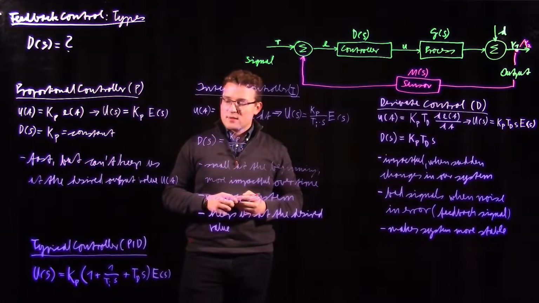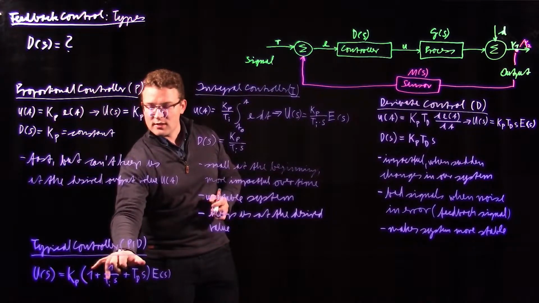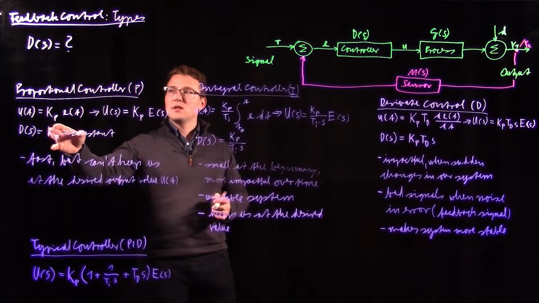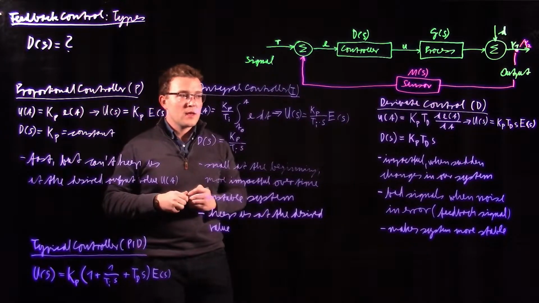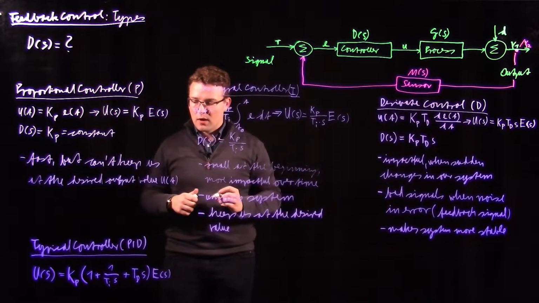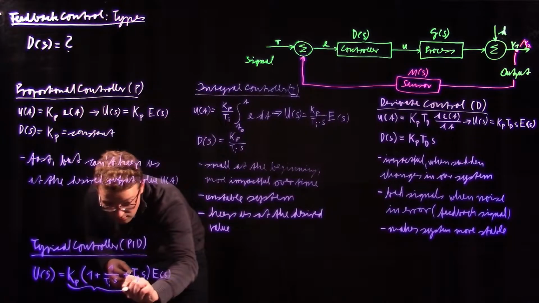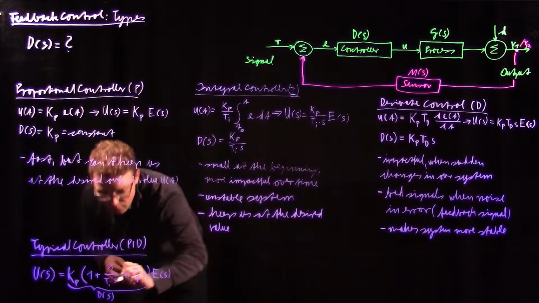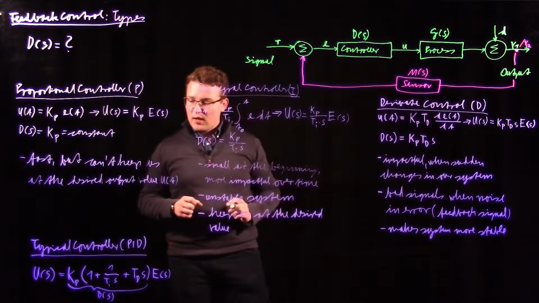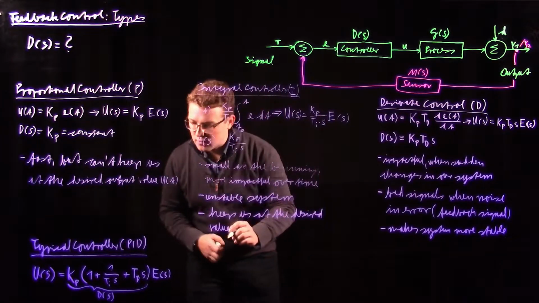As you can see here, this section is equivalent to our factor D, so our transfer function for our controller. So we can mark this one here as D from S, and then we can write this in a little bit more compact way.